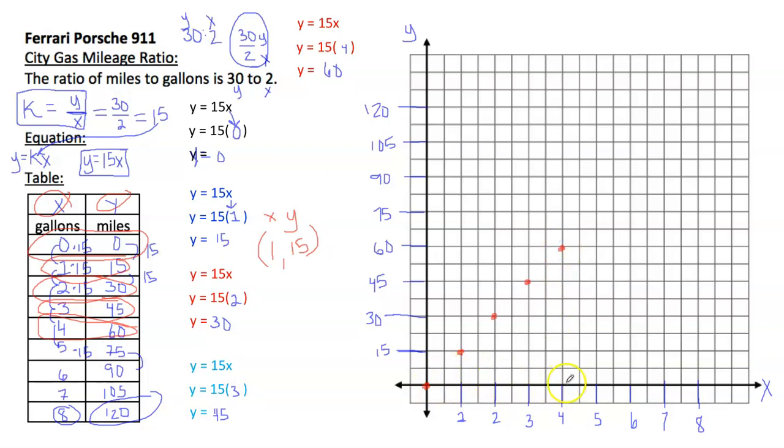You always move along the x-axis first and then along the y-axis. So horizontal movement first and then vertical movement. 5, 75, 6, 90, 7, 105, and then finally 8, 120.